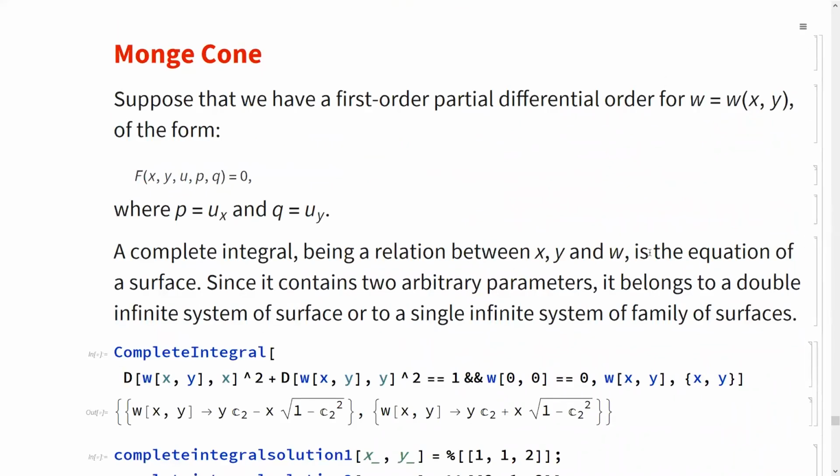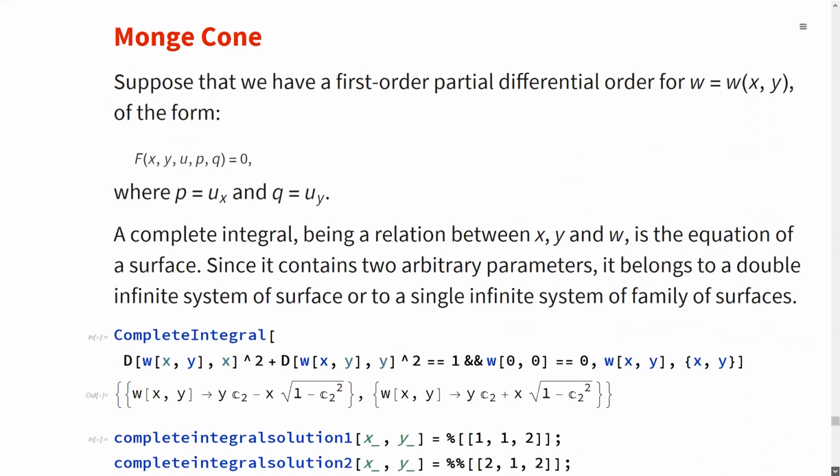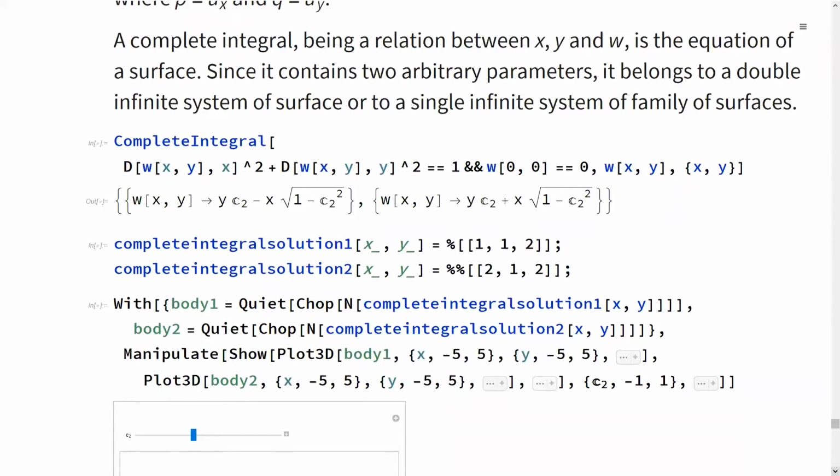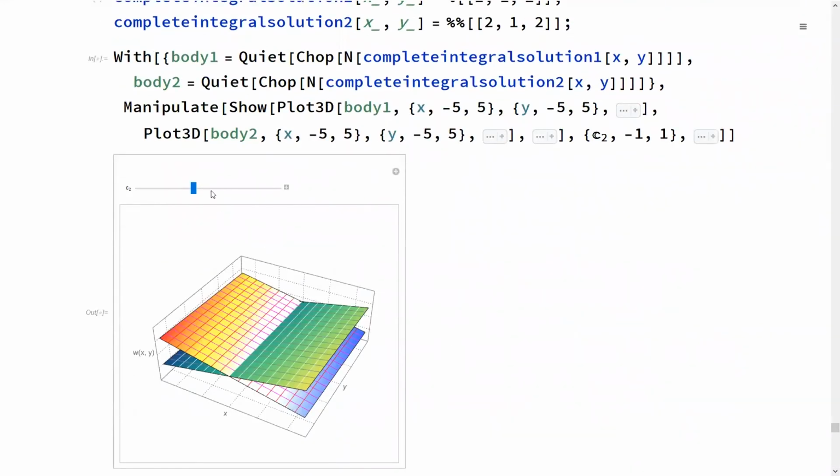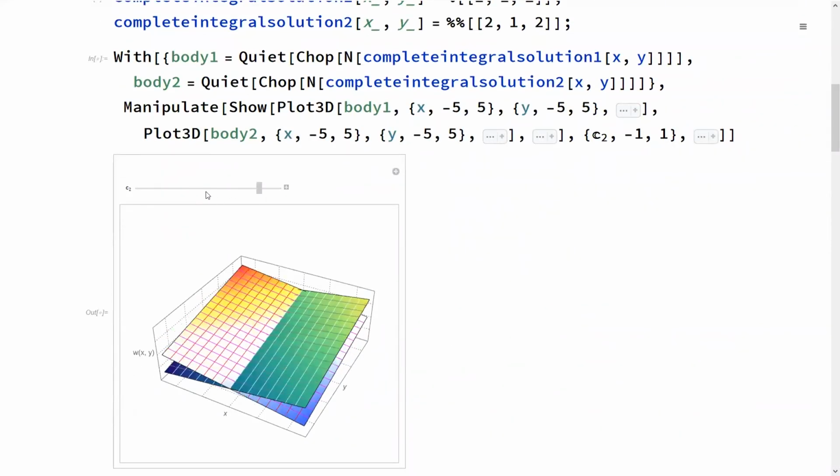Suppose that we found the complete integral of this partial differential equation. We have two families of complete integrals, and if we plot these, we get this type of plot.